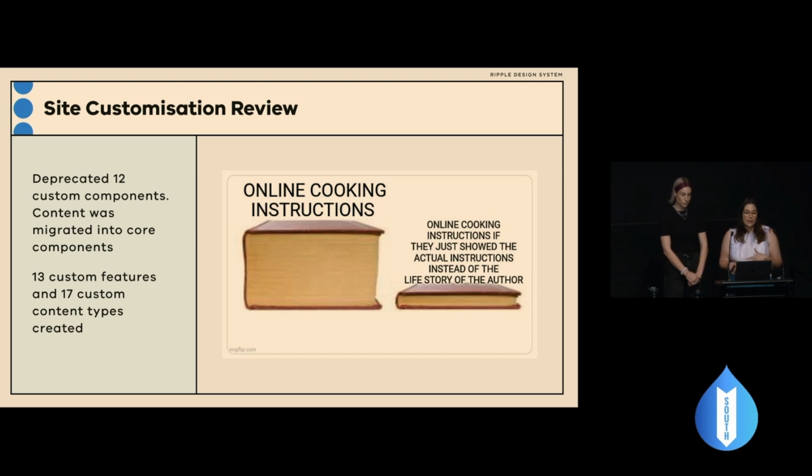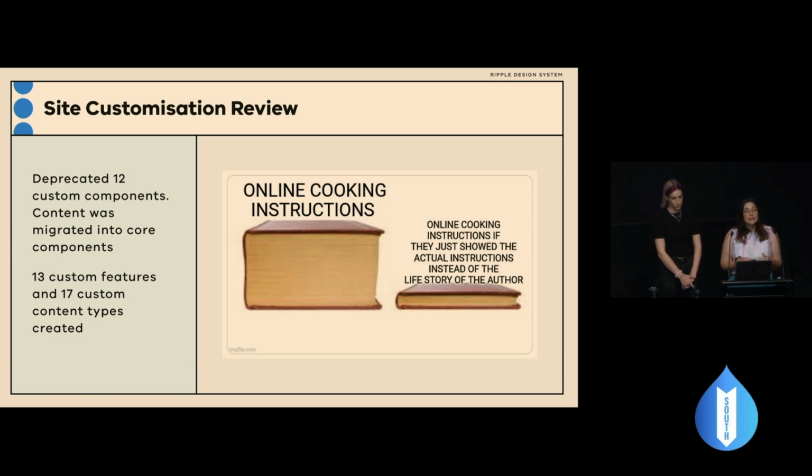Within our migration process, we undertook a site customization review. We conducted size and complexity estimations to categorize and plan the release order of our sites. Any sites that had custom components or patterns were compared against the new design system. Components or patterns that were similar to Ripple 2 were refactored into the Ripple 2 styles.